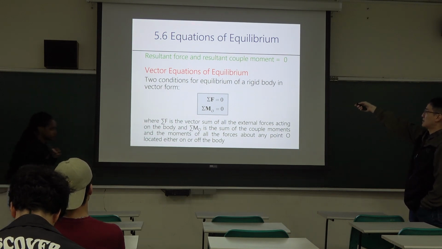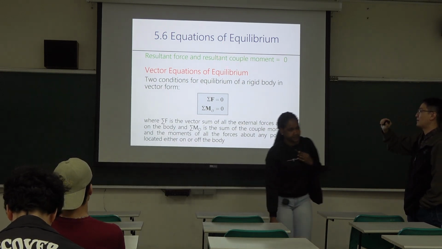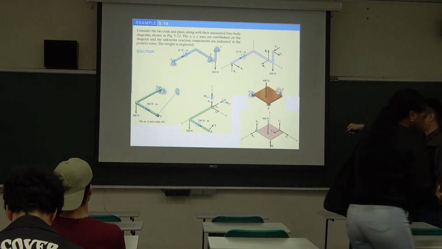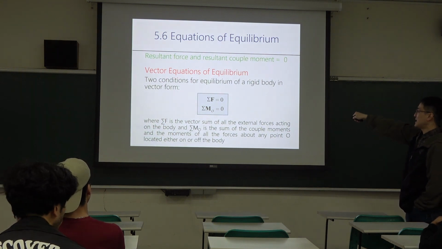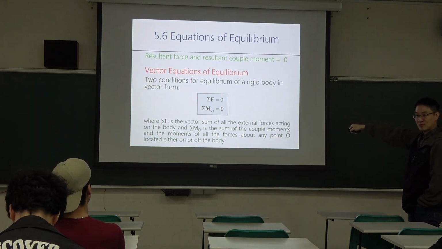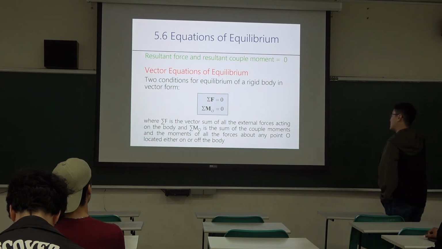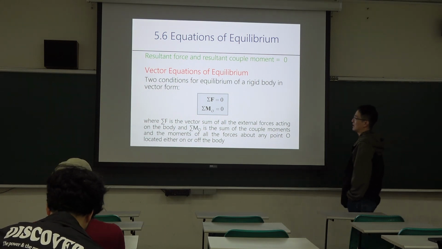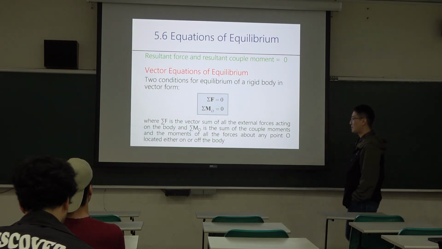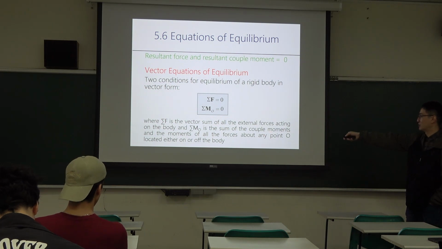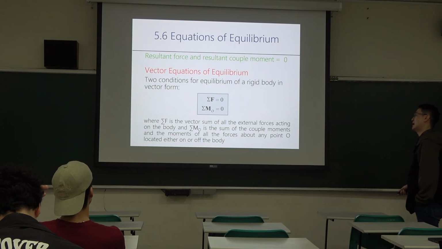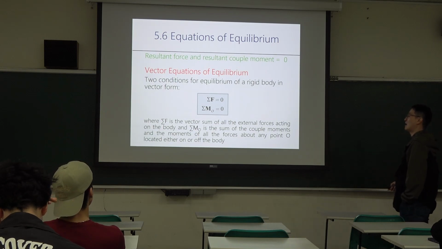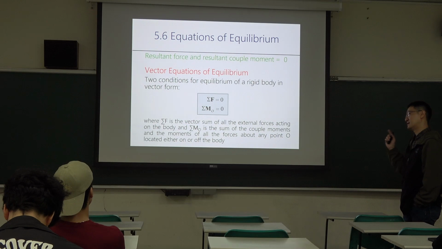We use equilibrium equations to solve our unknowns, like the reactions at the supports. For the three-dimensional problem, of course, we still use summation of F equal to 0 and summation of bending moment equal to 0. So we still use these two approaches to work out our unknown parameters.